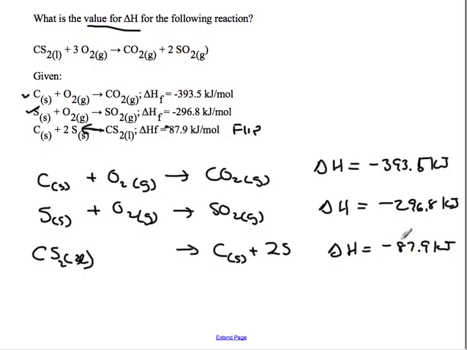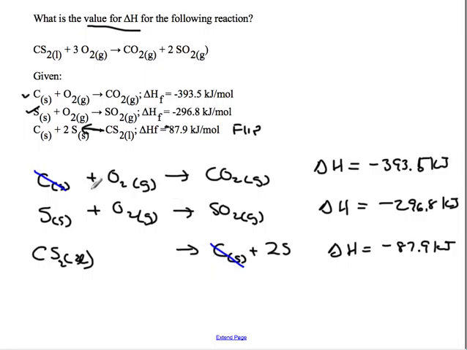Now what I have to do is check to see if the right side equals the left side, meaning anything that shows up on the left side and on the right side, we can get rid of. It's basically like an intermediate: you make it, and you use it. So if you look at this, notice that carbon is on the left-hand side, and carbon's also on the right-hand side, so in this case carbon's going to cancel out.